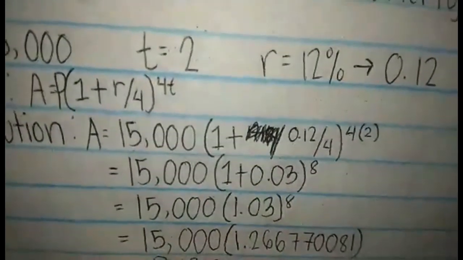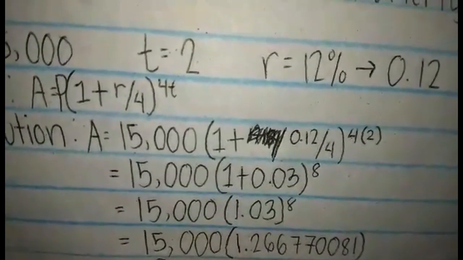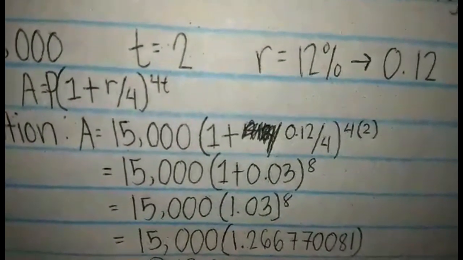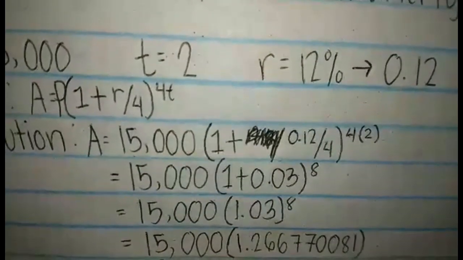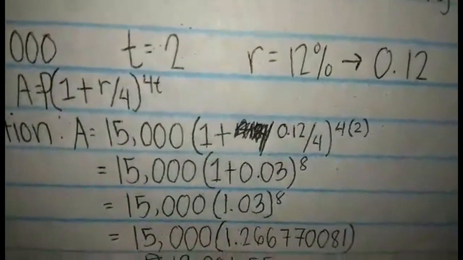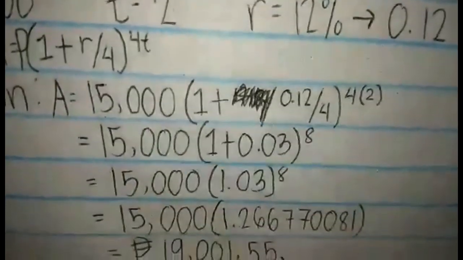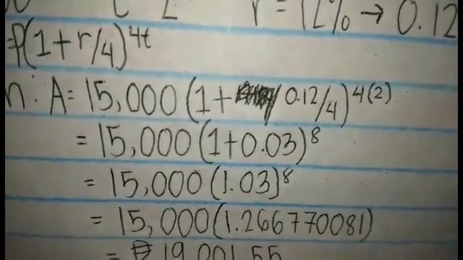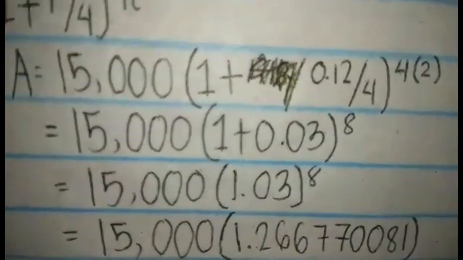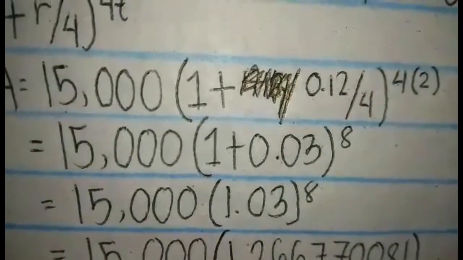And the next thing to do is divide 0.12 by 4 and multiply 4 by 2. So, the next is 15,000 quantity of 1 plus 0.03 raised to 8.